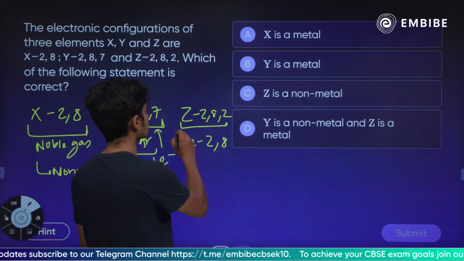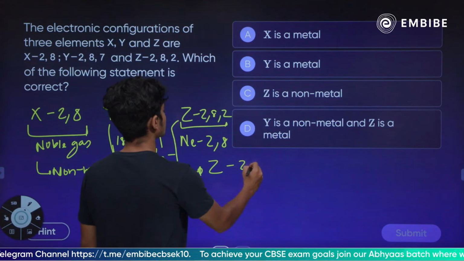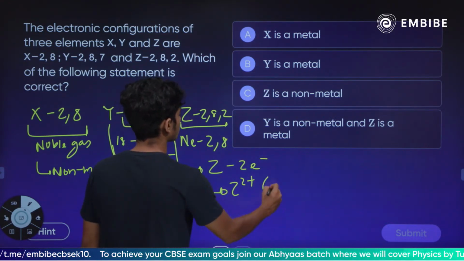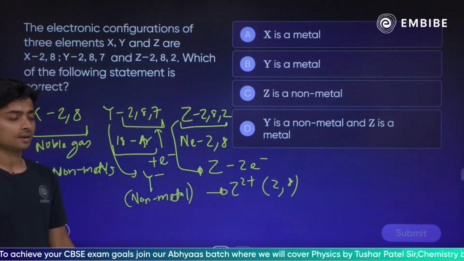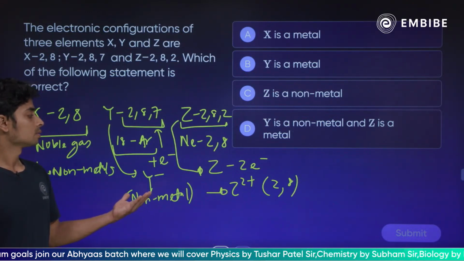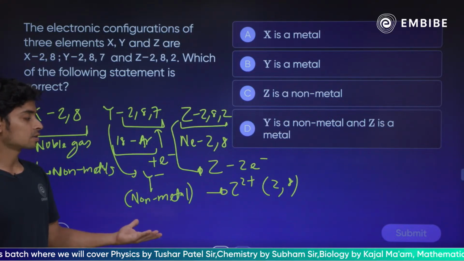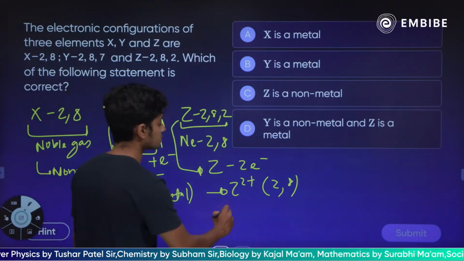Thus it is electropositive in nature. If Z loses 2 electrons, it forms Z2 plus, which has the noble gas configuration of 2, 8. Thus it achieves the noble gas configuration, and since it forms a cation, it has electropositive nature. Thus Z is a metal.